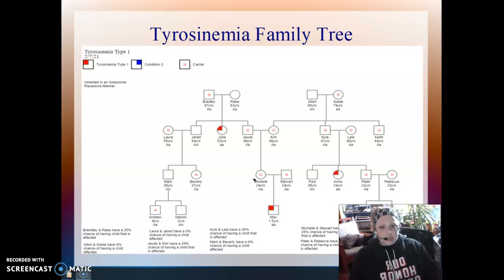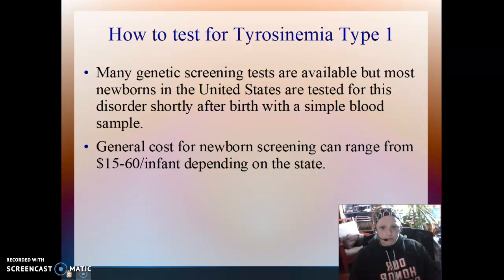So you can see that these individuals must have had parents that both had at least one of the defective alleles. Our little a's, unfortunately, are going to be our phenotypically expressed tyrosinemia patients.